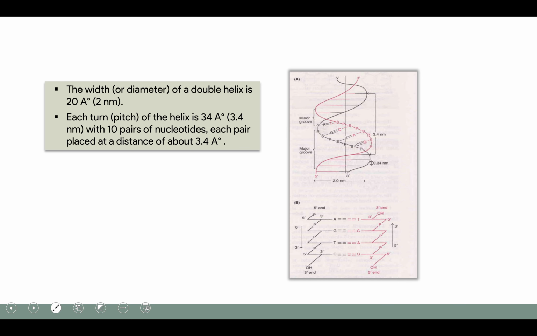The width of the double helix is 20 angstrom, that is 2 nanometer, and each turn of the helix is 3.4 nanometer with 10 base pairs, and each pair is placed at a distance of 0.34 nanometer.